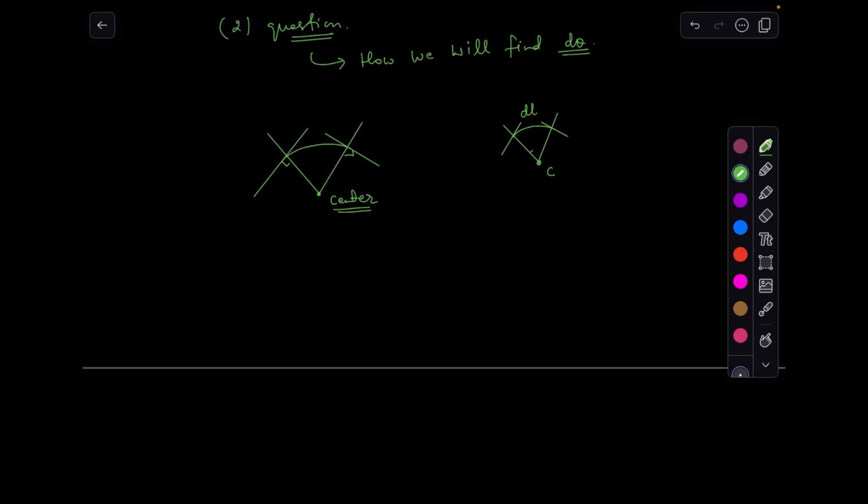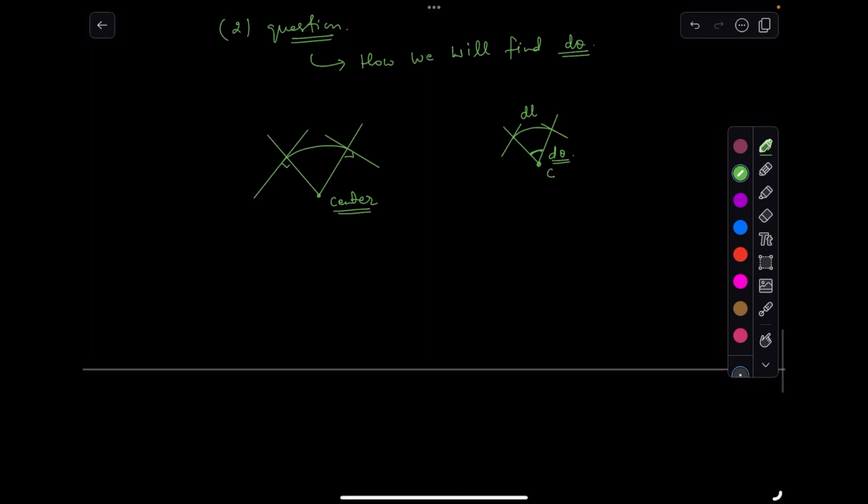Now, how to find this angle d theta? This is our second question. For this, see, as we move from this point to this point, the normal rotates by an angle of d theta.